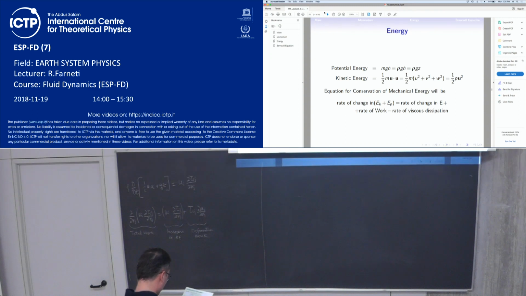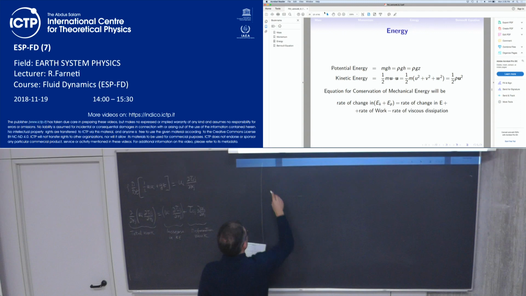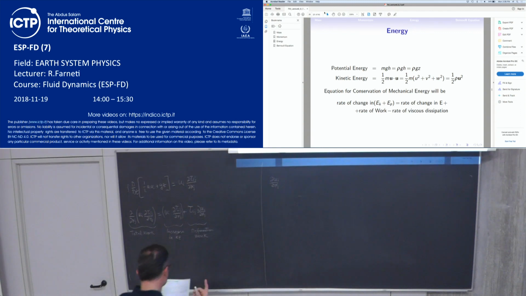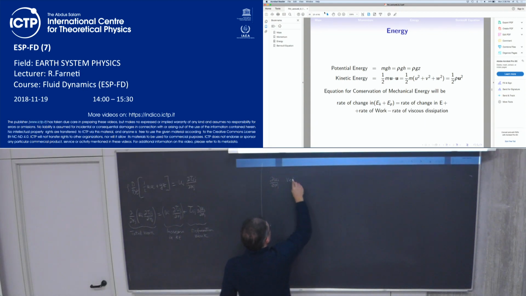Okay, so we know that when we have a symmetric tensor times an antisymmetric tensor, that's equal to 0. So the stress tensor tau, this is symmetric, and this other tensor that we know is the velocity gradient tensor.